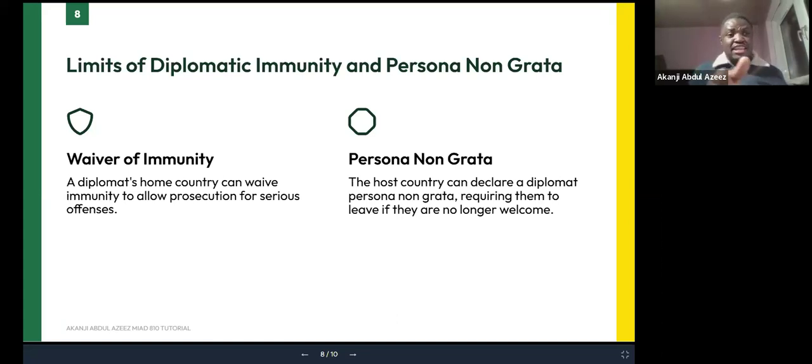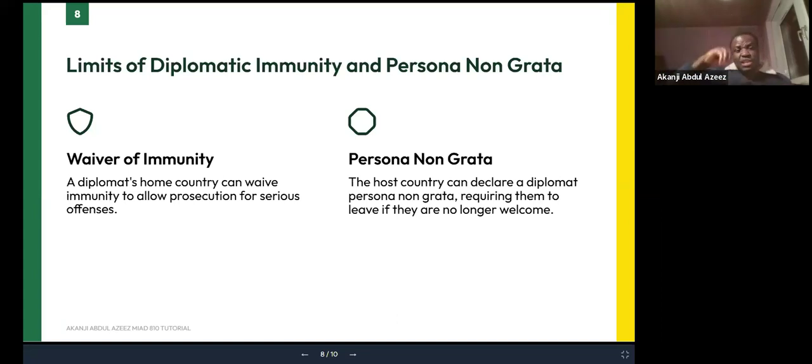Let me just say, before I explain this particular slide that you are seeing on your screen, why diplomatic immunity exists. Diplomatic immunity exists to ensure that diplomats can perform their work effectively. The immunity they give them protects the diplomat from political pressure, harassment, or intimidation.